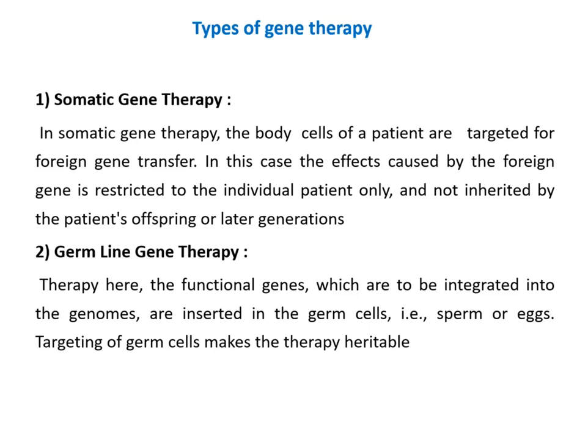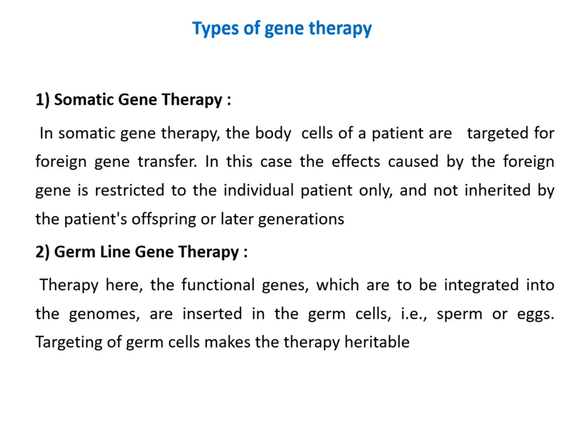Whereas the second type is germ cell gene therapy or germline gene therapy. Here the therapy is given to the germ cells, and the genes are inserted into the genomes of the germ cells, meaning reproductive cells, that is sperm or eggs or ovum.